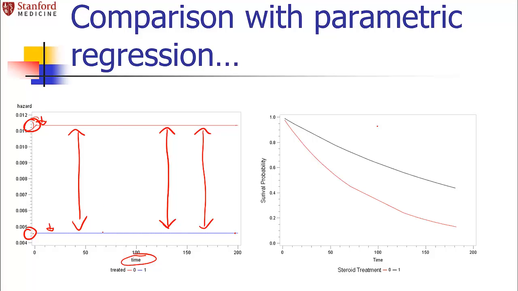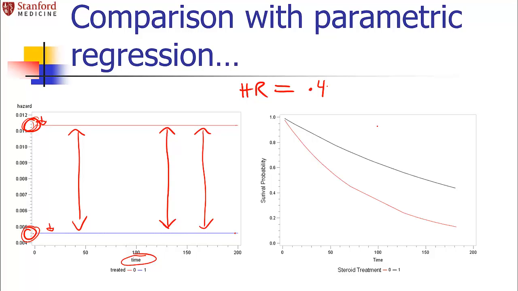We can estimate that hazard ratio, and we won't bother to estimate anything else. So in this case, you can see again the rate in the control group was somewhere around 1.1% versus about 0.5% in the treated group. So that would translate to a hazard ratio for treatment versus control of somewhere around 0.4 or 0.5. And maybe that's all we'll estimate.